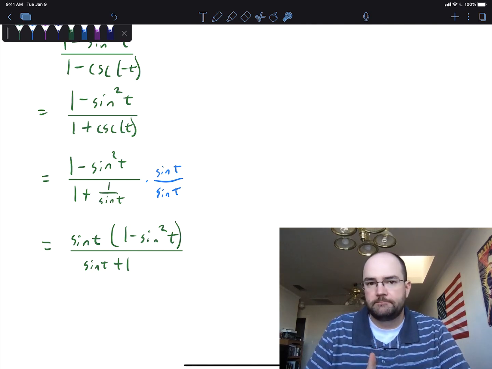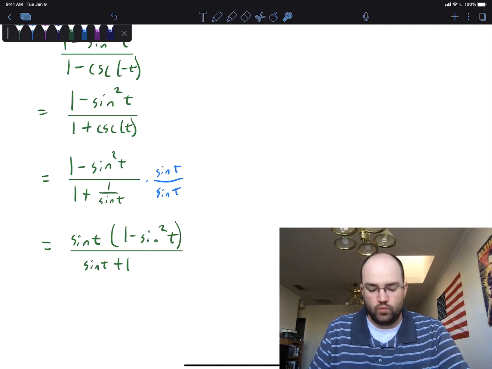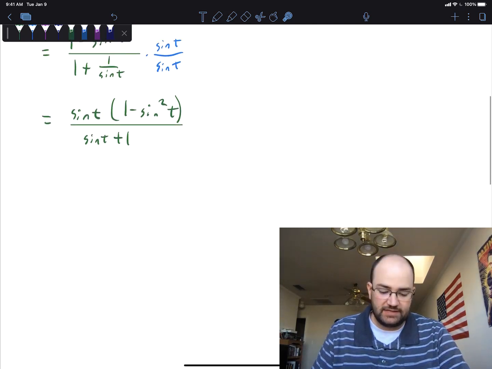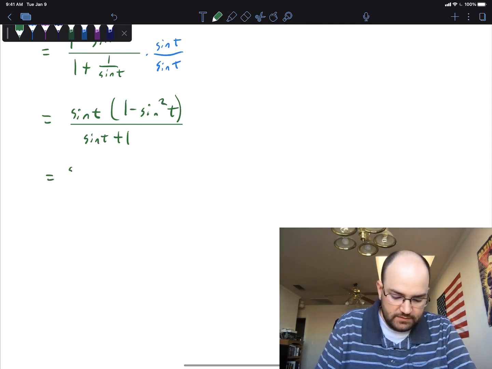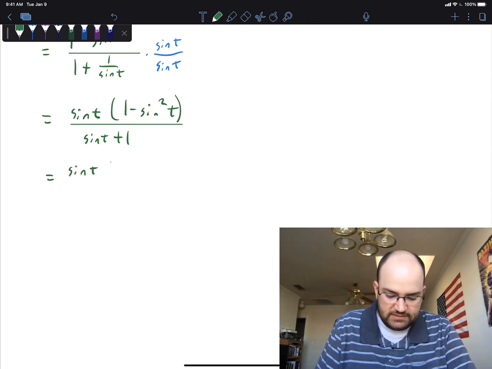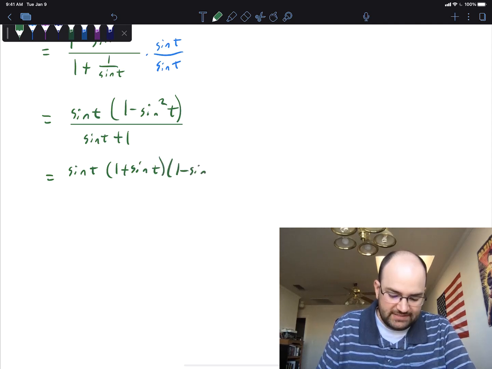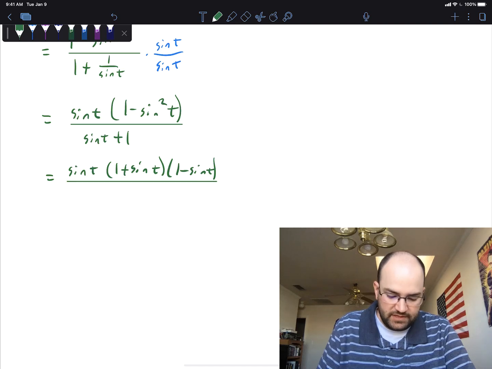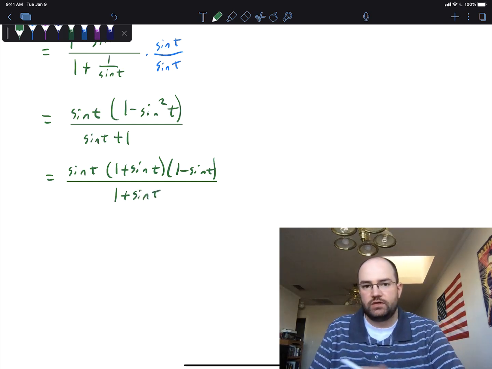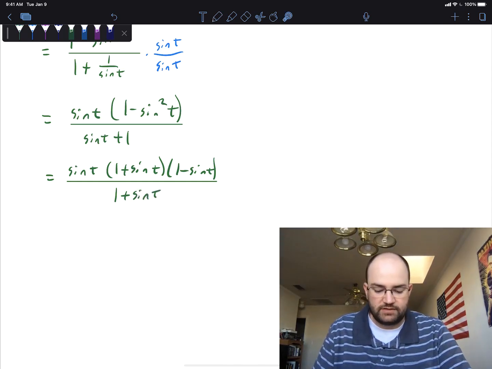Now, here's the thing. Remember when I said that 1 minus sine squared of t could be factored as 1 plus sine of t times 1 minus sine of t? That's actually what we want to do here. So this is going to give me the sine of t times 1 plus sine of t times 1 minus sine of t, all over the denominator of sine of t plus 1, or preferably 1 plus sine of t, because that's that right there.